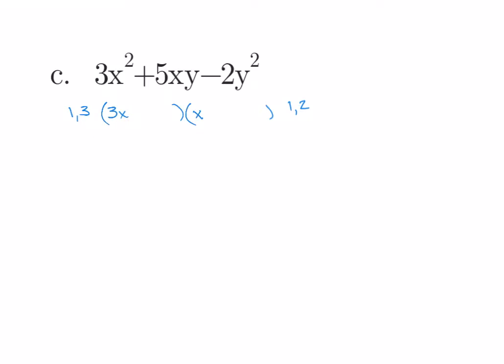Doesn't matter where I put them. 1 and 2. Okay, so now let's go ahead and see what we can do. This one, it's hard to decide where to put the 1 and 2, so let's just go ahead and do trial and error. Let's go ahead and put 2y here and 1y here.